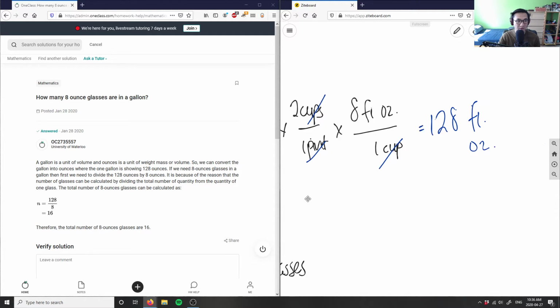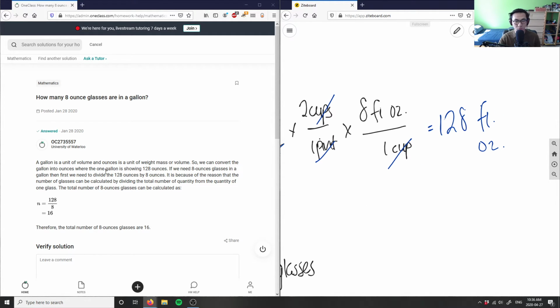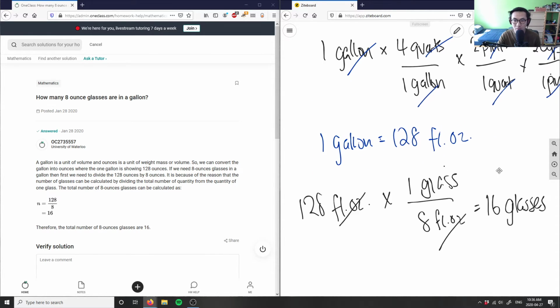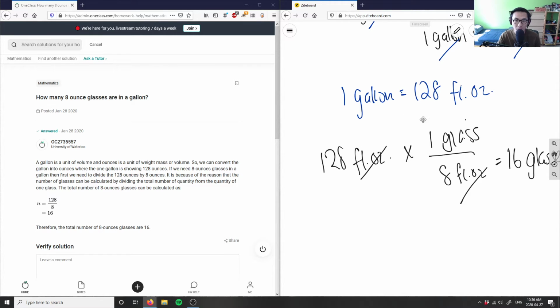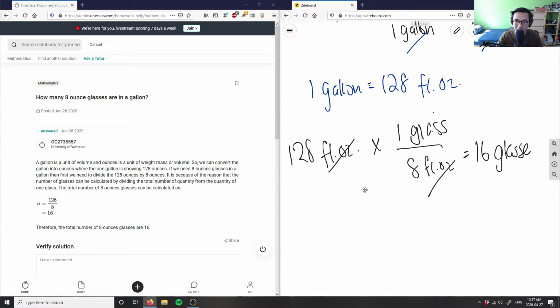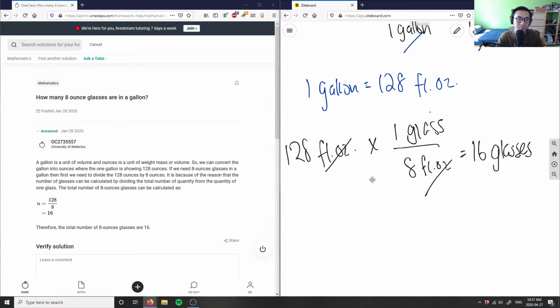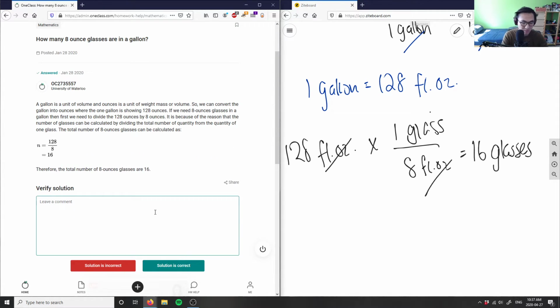But again, if that's common knowledge, then you can definitely just use 128. That's totally fine. And if we need 8-ounce glasses in a gallon, then we're simply dividing. That's what we're doing here. We're multiplying by 1 over 8, which is the same thing as dividing by 8. And we can calculate how many glasses of 8 fluid ounces there are in a gallon here. So this solution here is correct.